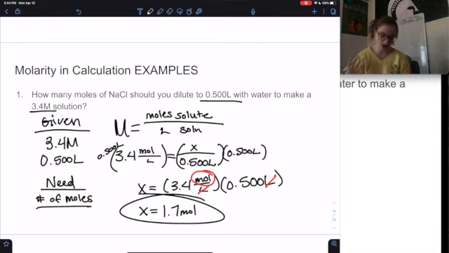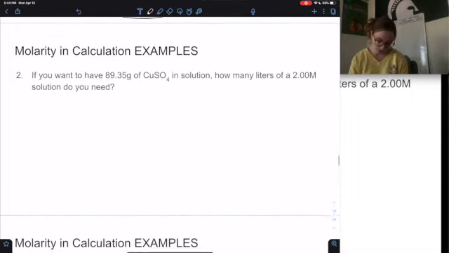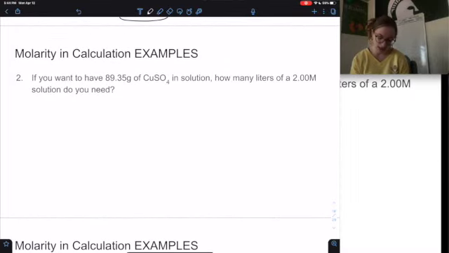So let's go ahead and do the second example in this section as well. This example says, if you want to have 89.34 grams of CuSO4 in solution, how many liters of a 2 molar solution do you need? So here we're given a mass and a molarity and we want to find liters.